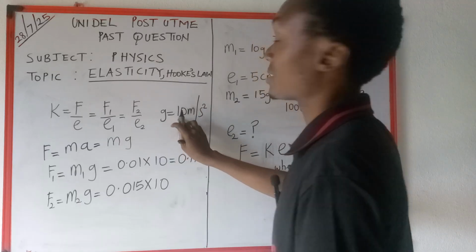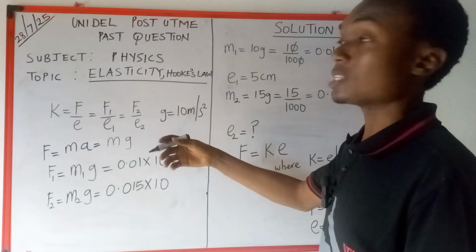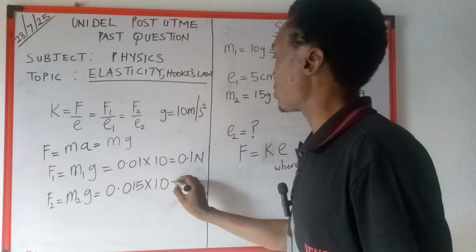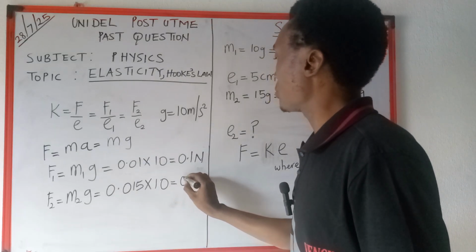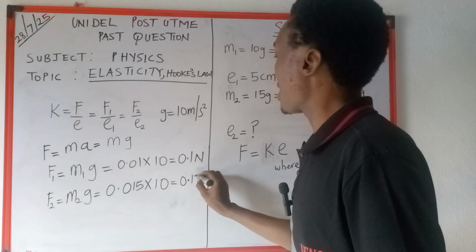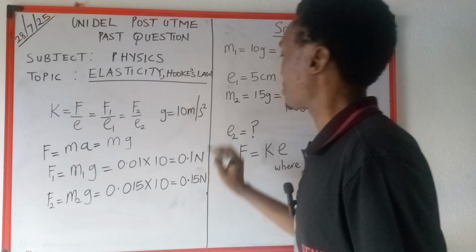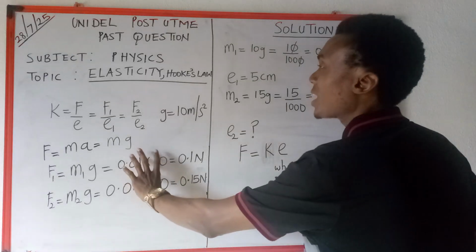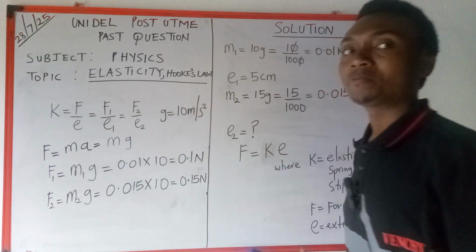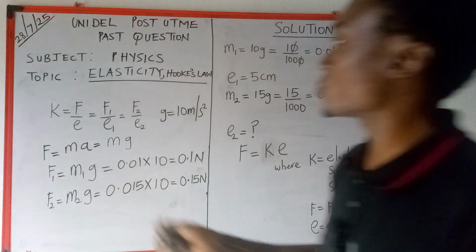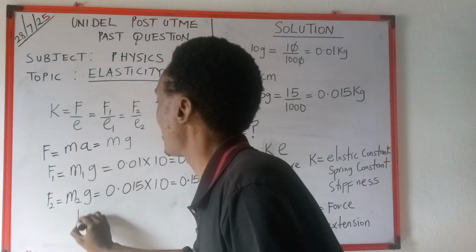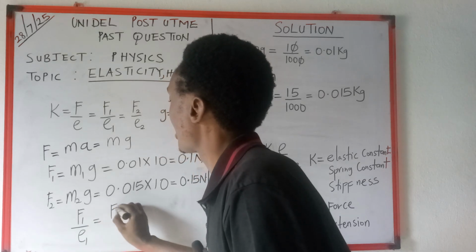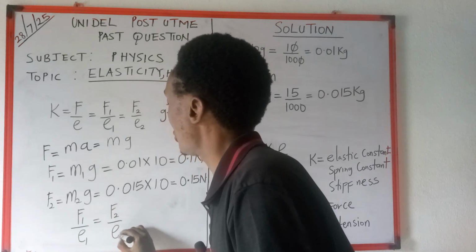It's always given as 10 or 9.8, but for now we're using 10. Multiplying this gives 0.15 Newton. Now we go back and put it inside the formula: F1 over E1 equals F2 over E2.